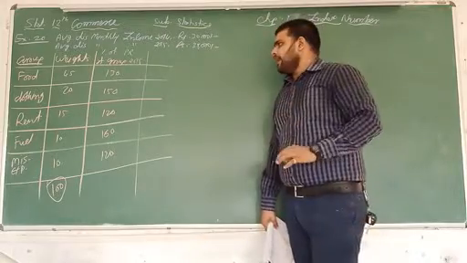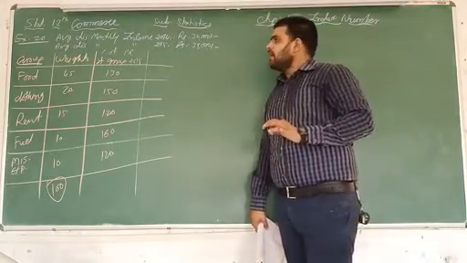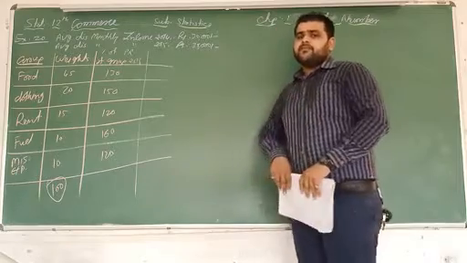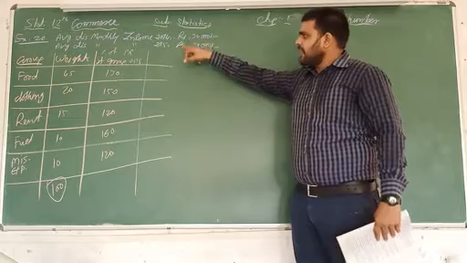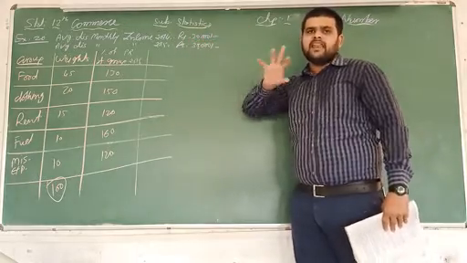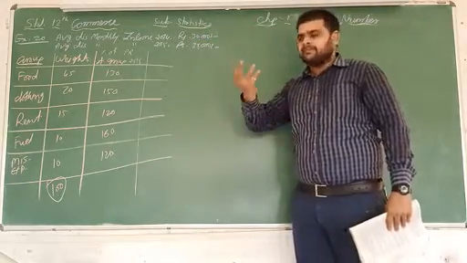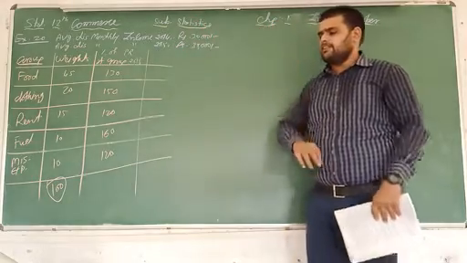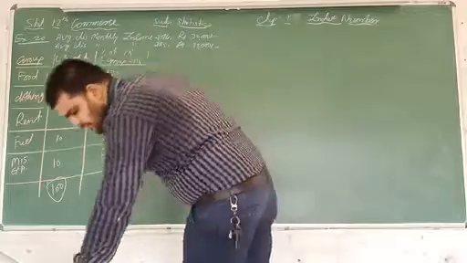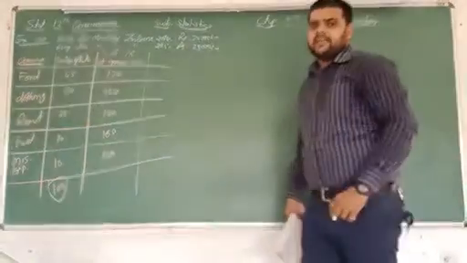So we have to find out with the help of the index number whether the family that lived their lifestyle on 30,000 is able to live their lifestyle on 35,000 in 2015. Okay, so we have to find this out with the help of the family budget method.